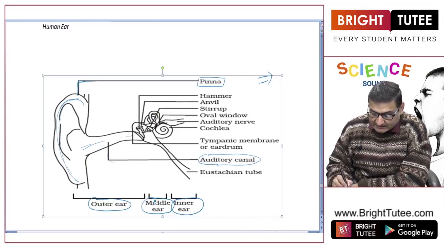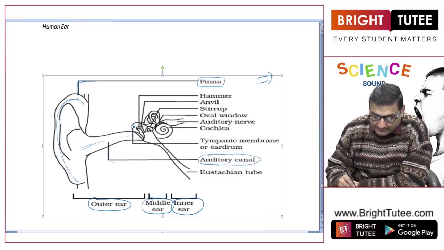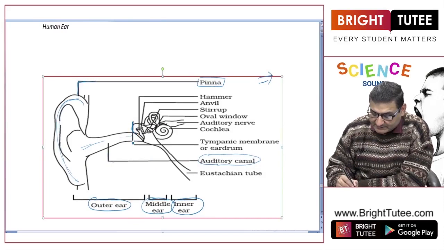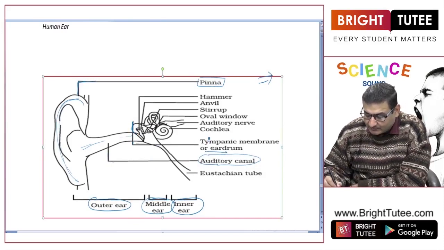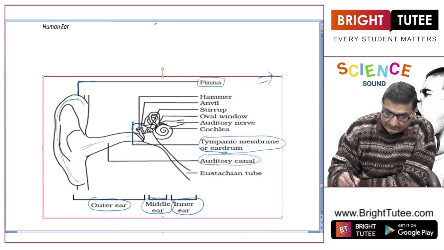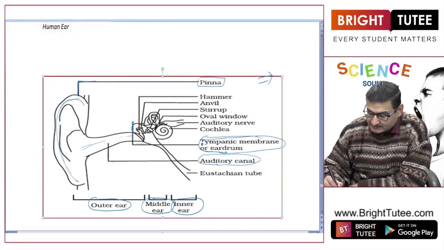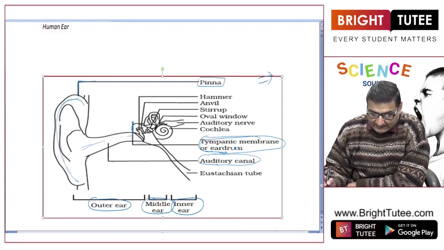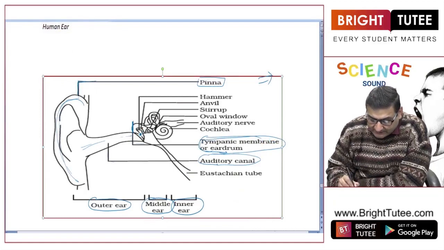Next starts the middle ear. Now there is a membrane like structure, which is known as the eardrum or tympanic membrane. Then we have 3 very small bones here.